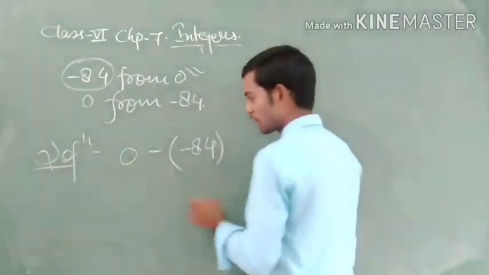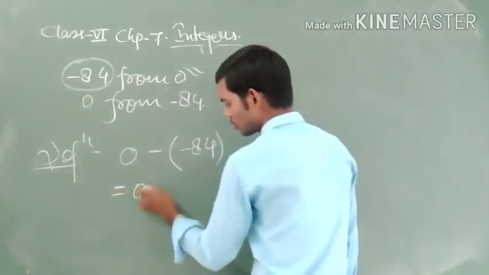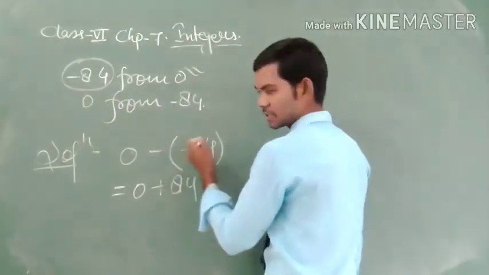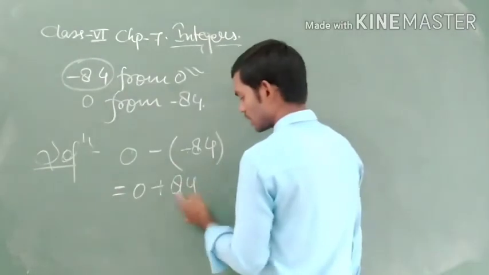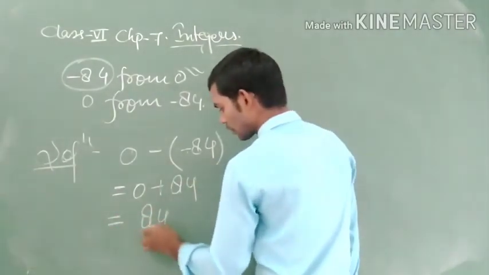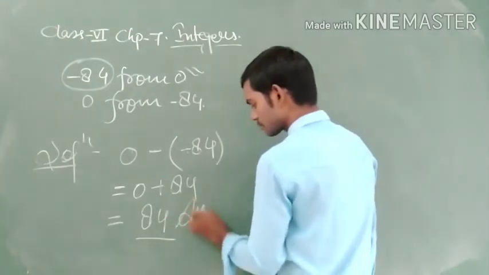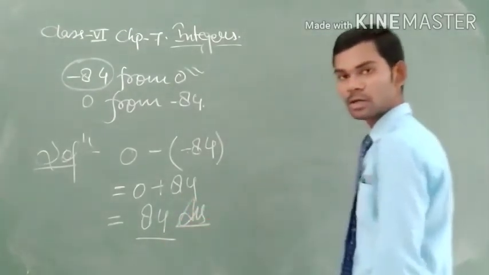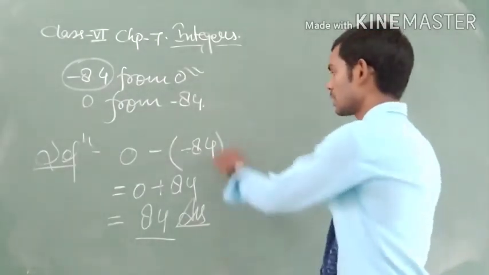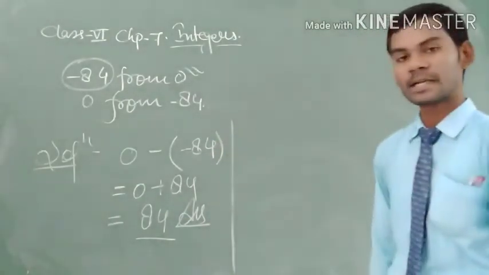And when we solve it, we get 0 plus 84 because minus and minus together make plus, and on solving we get 84 as our result. Okay, so this is the answer of the first question.